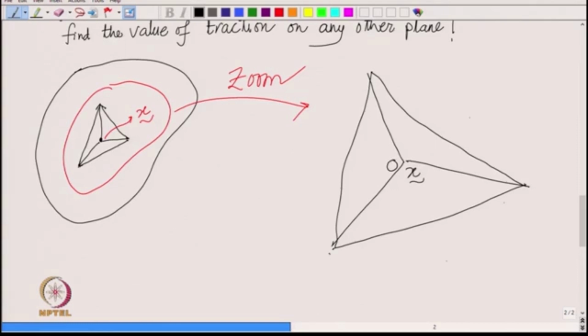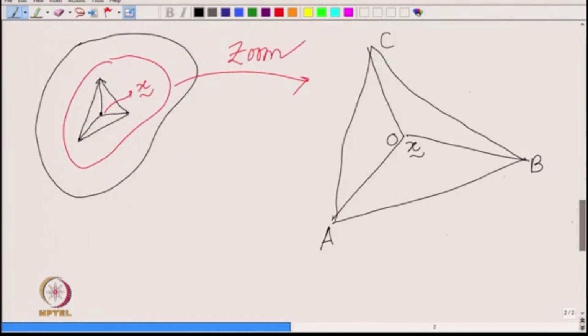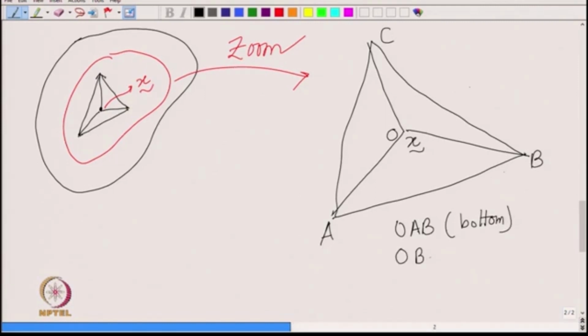Let us say this is O, then A, then B, and this is C. So, we have 4 faces: O, A, B, that is the bottom face; then O, B, C; then O, A, C; and we also have A, B, C, the 4 faces.